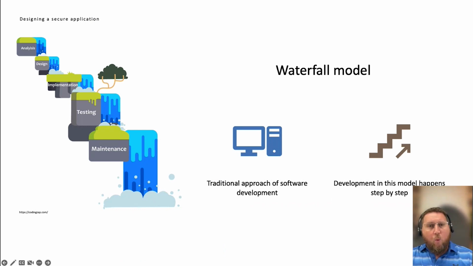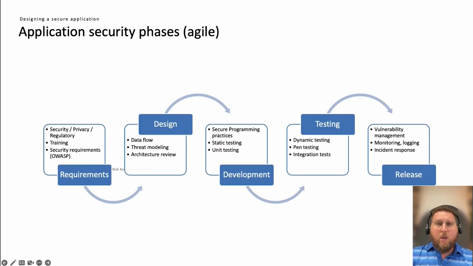So this is the waterfall model, as we talked about. Traditional approach, development always step by step. Even security happens here step by step. So in every step, you make sure security is incorporated, whether it is secure design, secure testing, or the maintenance around it.